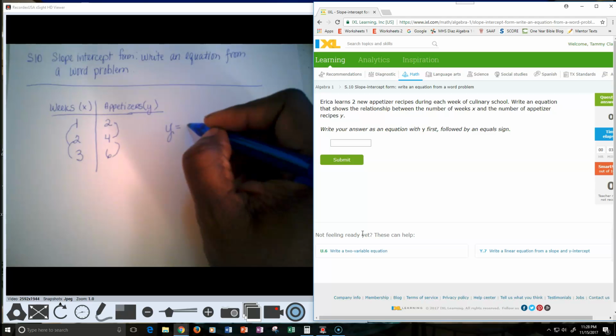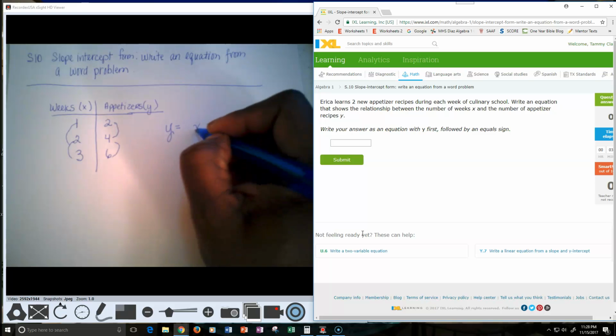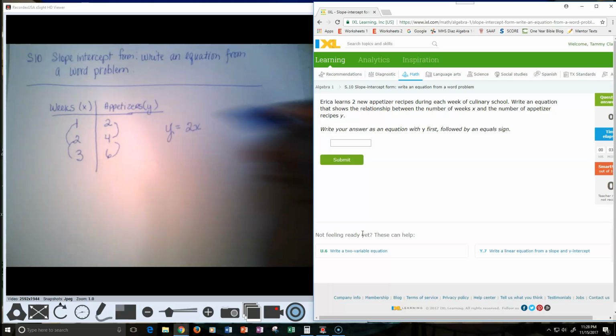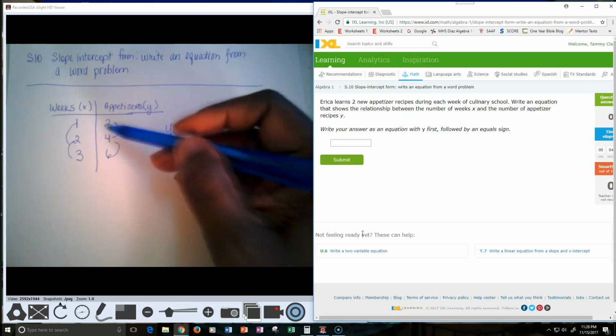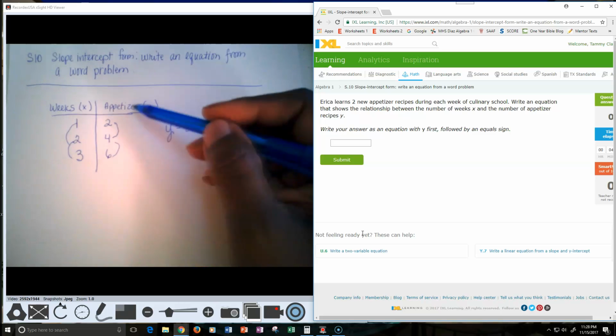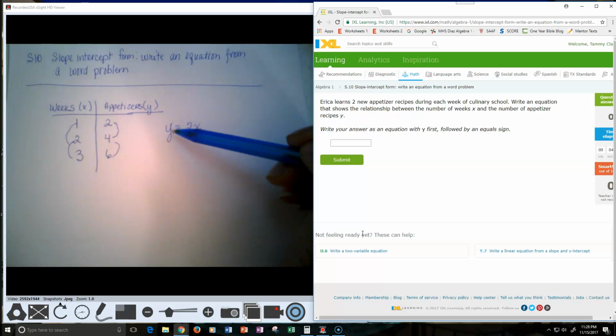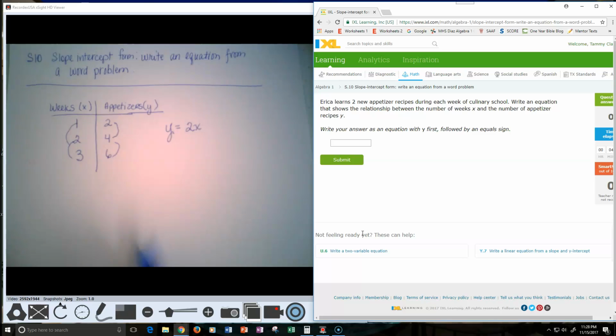So weeks would be X, but she learns 2 per week. And we know that if she's in school 0 weeks, she doesn't learn anything. So again, the total number of appetizer recipes she learns is equal to 2 recipes that she learns per week. So we would just simply type in Y is equal to 2X.